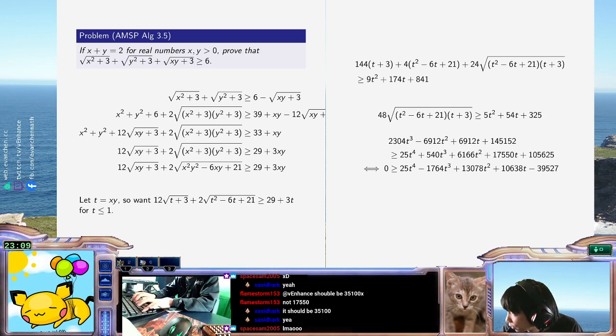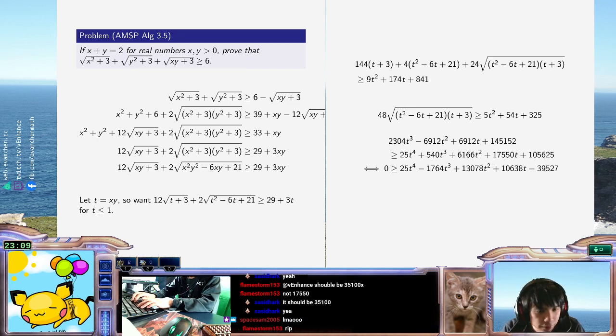360. Did I also miscompute it? 35100. Okay, well, that makes more sense. So 2818. Okay, cool. So t equals 1 is a root now, and now we can start factoring it.